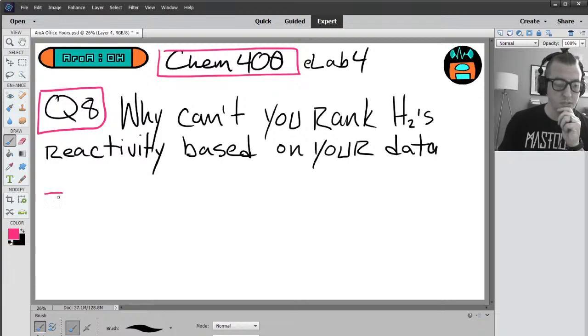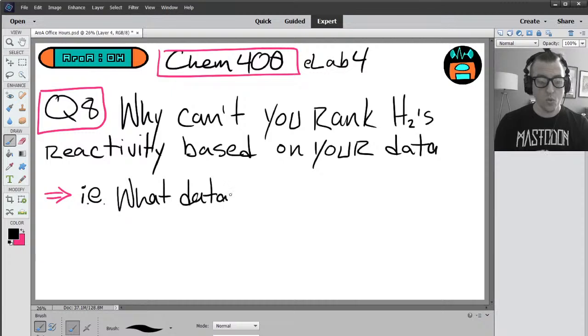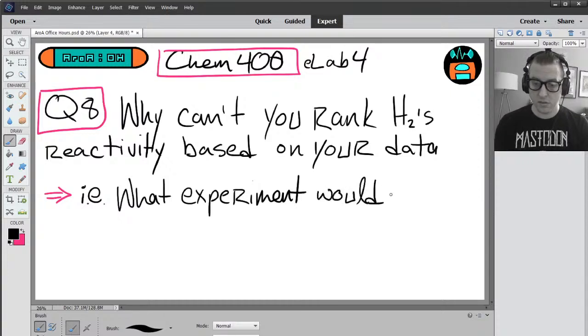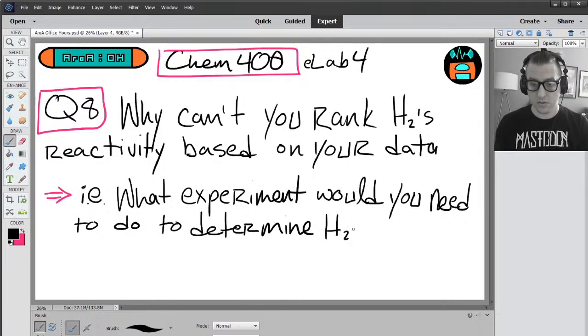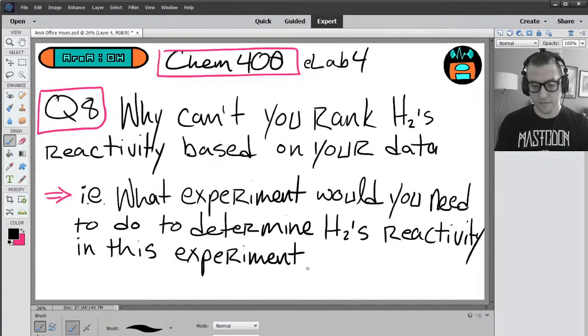So in other words, another way of thinking about this question is, rephrase it this way: what experiment would you need to do to determine hydrogen's reactivity in this experimental activity series?